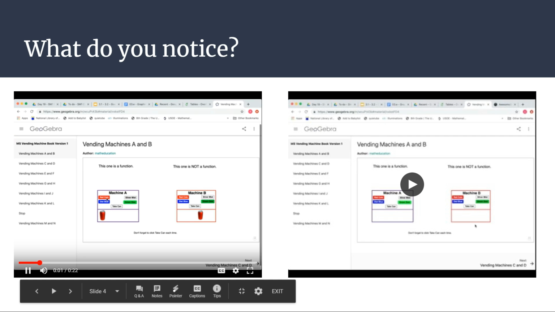Alright, so this machine is supposed to be a function. If you see, I'm pressing the red cola button on the machine and it keeps giving me red. If I press the blue, it keeps giving me the blue cola. If I press the silver mist, it keeps giving me the silver one. If I press the green dew, it keeps on giving me the green cans.